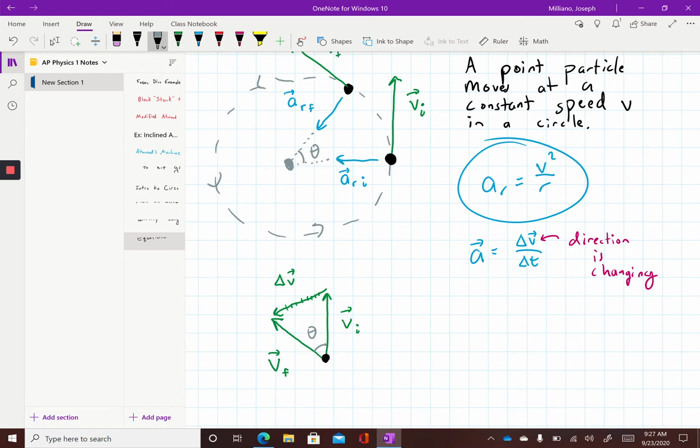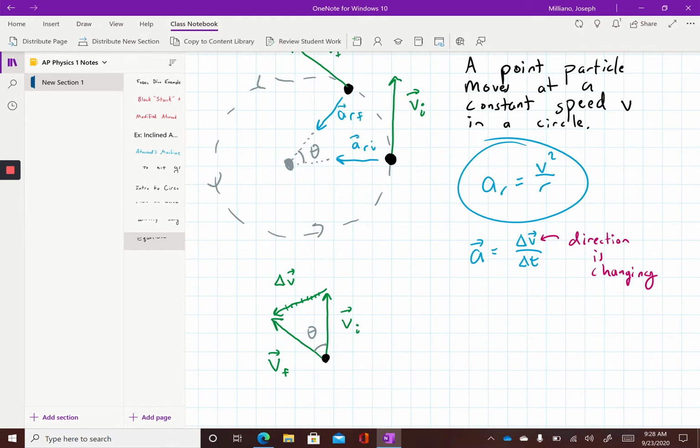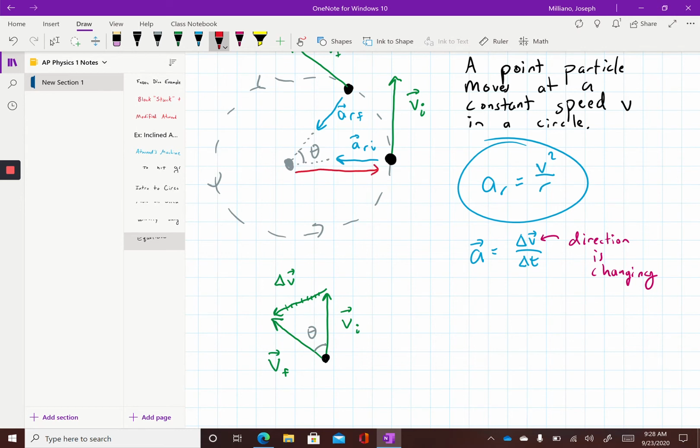Now, let's look at a similar triangle. The triangle I want to look at now is the radius vector. And so I'm actually going to erase these radial accelerations and move them inwards. So I'm going to look at the vector that starts here. That's our initial position vector if we're looking along the radial direction. And right here is our final position.